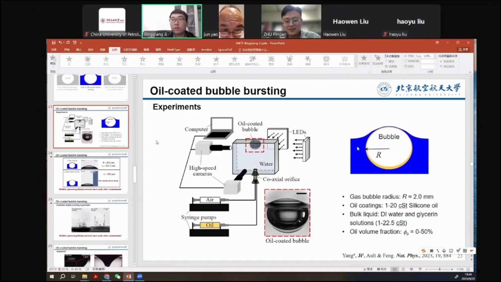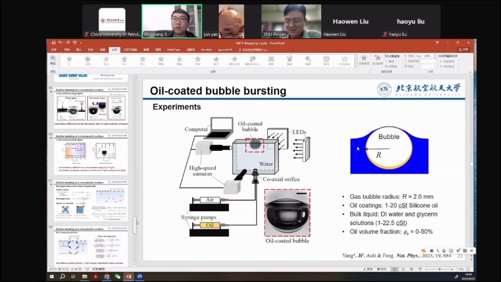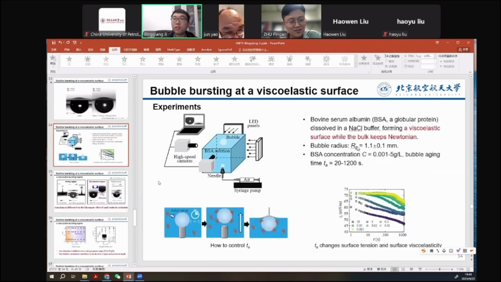So in the case of a clean bubble or an oil-coated bubble, the lifetime of the bubble is short. For example, maybe just within 1 second or several seconds. So you don't need to punch it with a needle. But you're right. If there is surfactant, especially BSA, the lifetime of the bubble is very long.